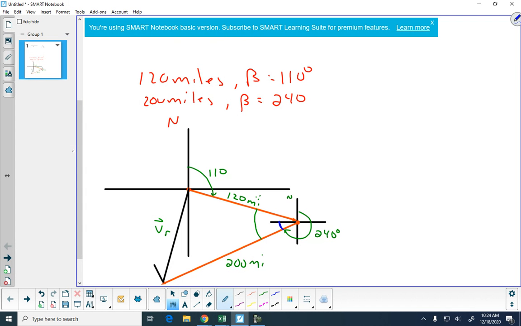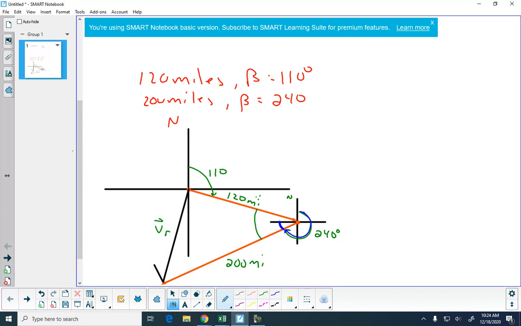If this is a rotation of 240 from here to here, what's that leave for this angle right here?